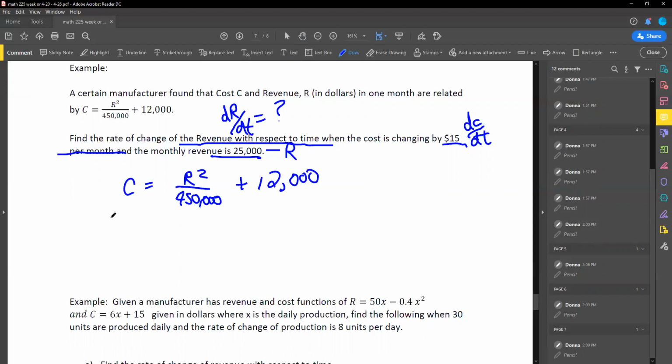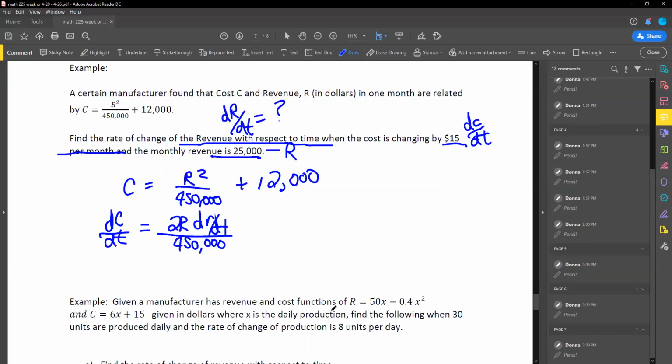So the derivative of C would be dC/dt. The derivative of R squared is 2R dR/dt over 450,000. That's just a constant, so I can just divide by it. And the derivative of 12,000 is 0. All right. So now I've done my derivative. I'm going to go ahead and solve for dR/dt.